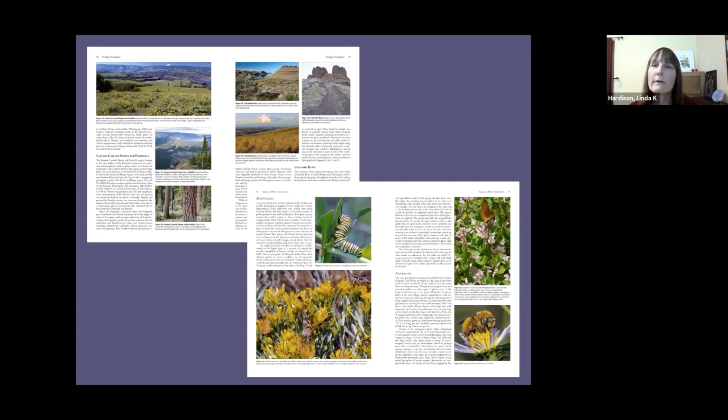And so for OregonFlora, in the front of each volume, we include chapters that give context. In Volume 1, we included chapters on the ecology of the state and the ecoregions, because that's a lens through which we view so much in the work that we do. And I'll be talking a little bit more about that.